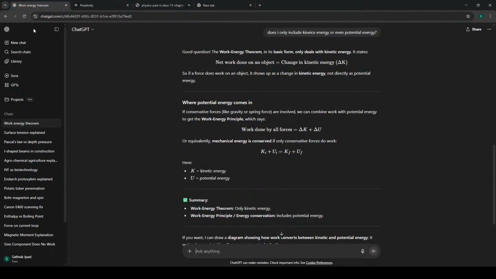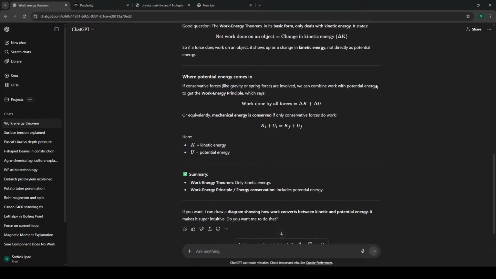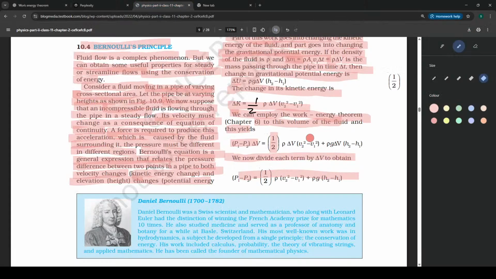Let's check that once again. The change in work done by all forces on the object. We will get this equation from that.